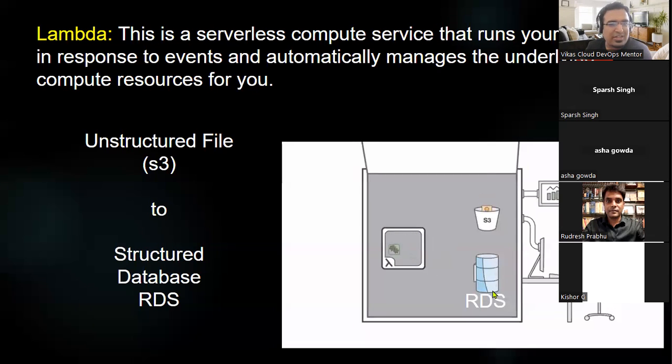RDS is a relational database, meaning whatever data is in structured form will come into this place. And this is a Lambda function doing the activity for us. It's completely serverless. Whenever the data comes, it gets activated and does the activity. When the data does not come or there is less data, it will not perform any activity. That is the work of Lambda: event-based triggering, completely serverless.